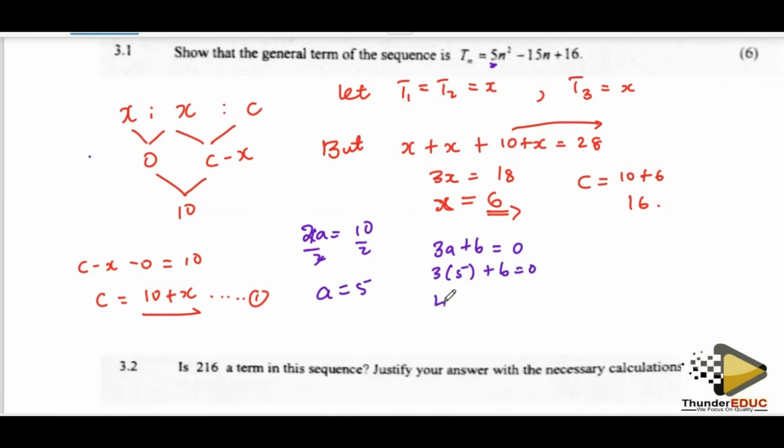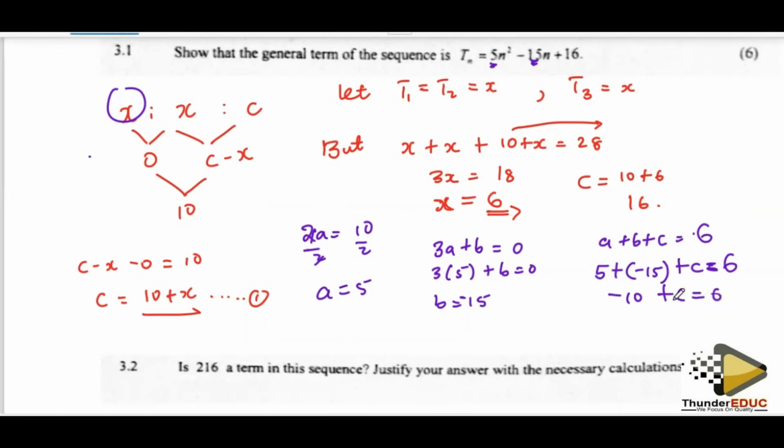Move the 3 and 5 that side, that's a negative 15. And then a plus b plus c must give us this x, which we found as a 6. So my a is a 5, my b is a negative 15, plus c is equal to 6. So 5 and 15, that's negative 10, plus c is equal to 6. Move the 10 that side, so it becomes negative 16.